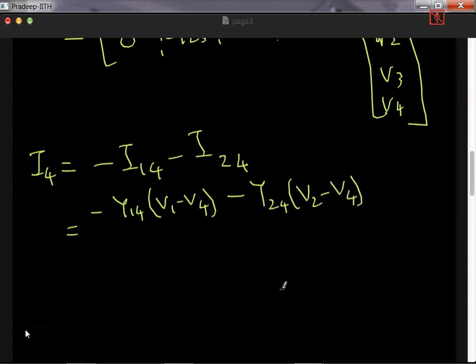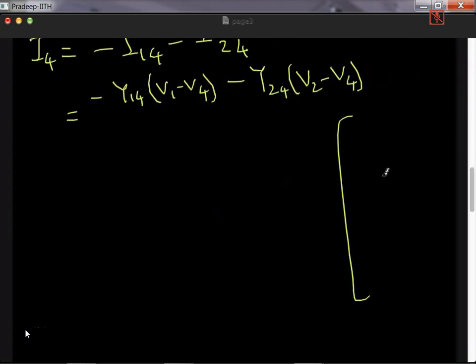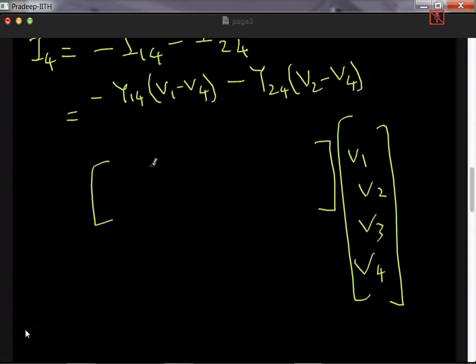So can you write it in this form? V1, V2, V3, V4. So can you try writing like this? I have done bus 1, bus 2, bus 3. Bus 4 I am giving you to just try it yourself.